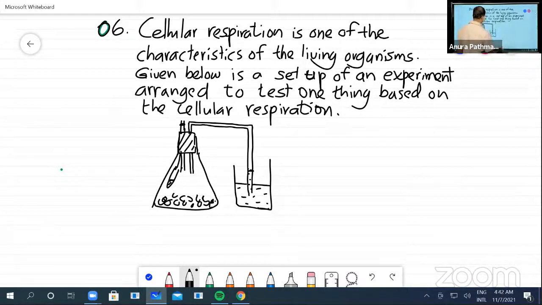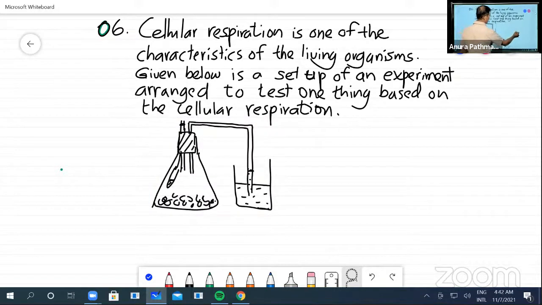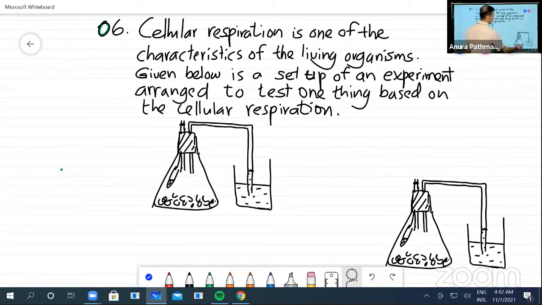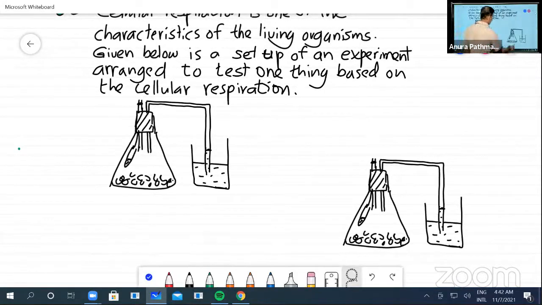You want to draw the same one again. So to save my time, I'm going to have the same one here.